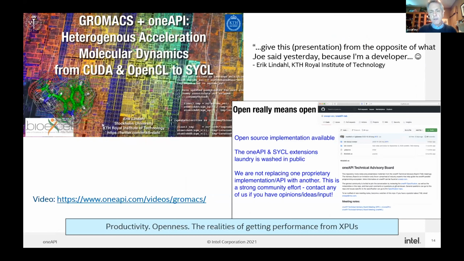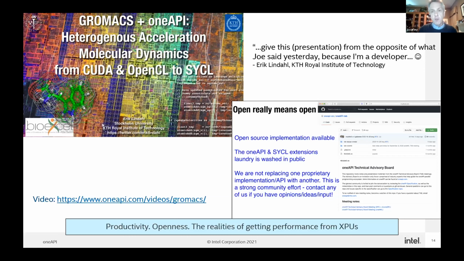Also online, through the links, if you want, the first talk was about what worked. Eric Lindahl, who is the key developer for the GROMACS application, keynoted the second day of the conference. I was talking a great deal about the promise and what we're trying to do and what our initiative's about. Eric treated it much more practically.